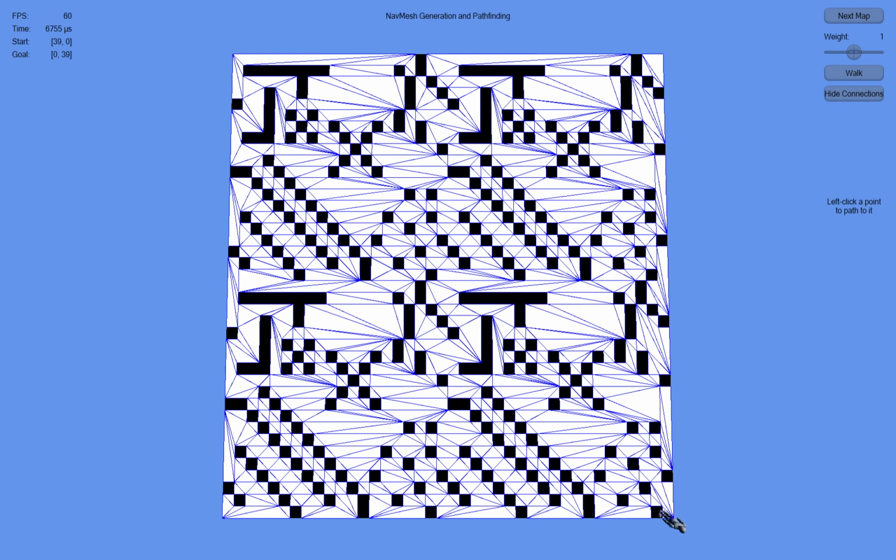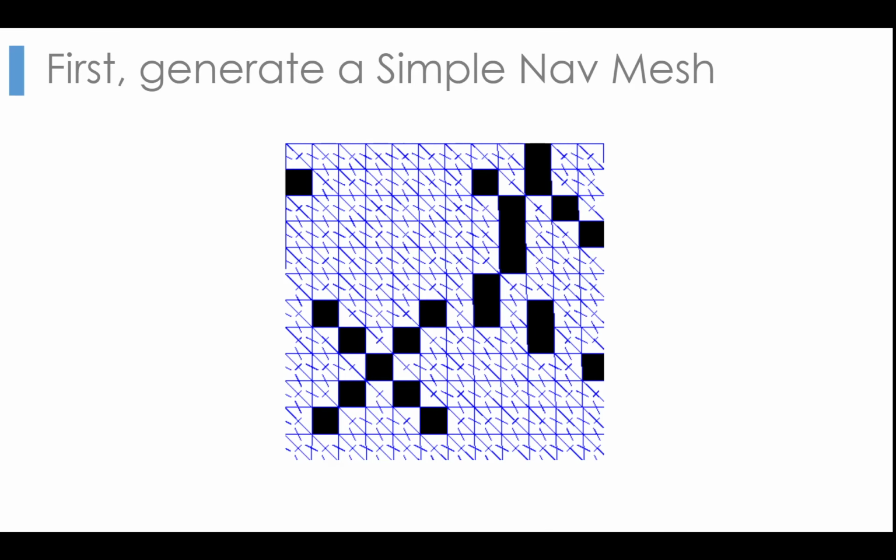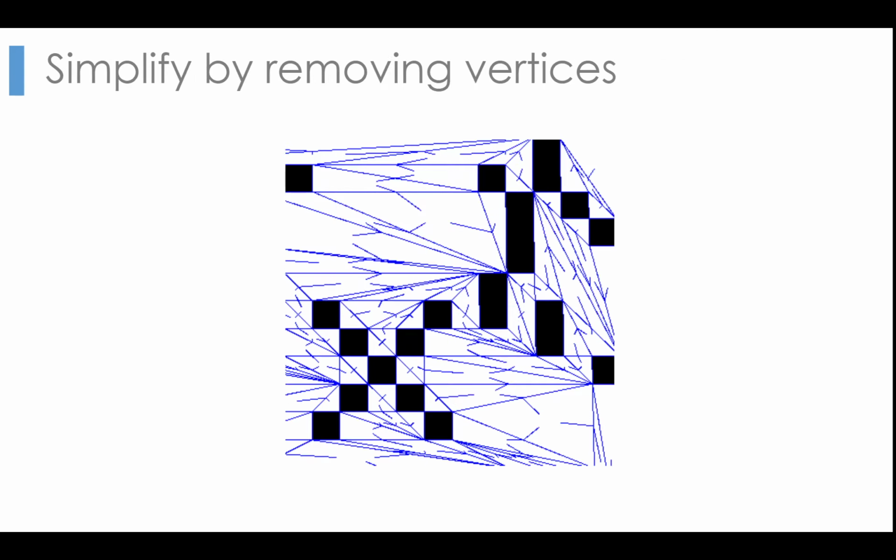So, going back to the actual presentation, let's do a quick review as to what our project actually was. The first thing we did was we used the grid to generate the simplest possible Navmesh that we could generate, just dividing every square in two. Once we had a simple Navmesh, we used our two-step process, finding polygons and ear clipping them, to make it much more optimal by removing as many vertices as we possibly could have.